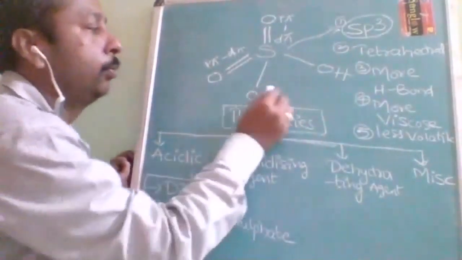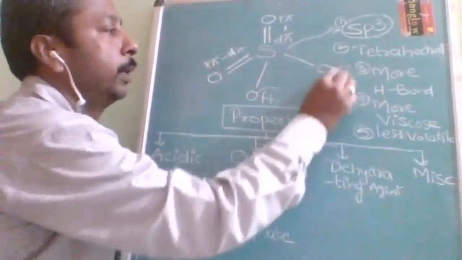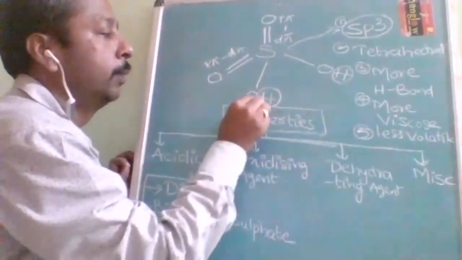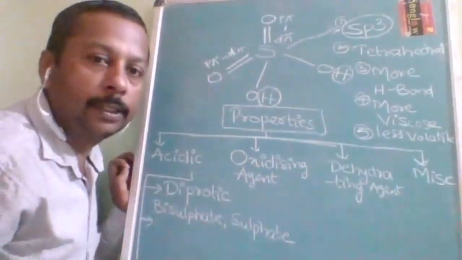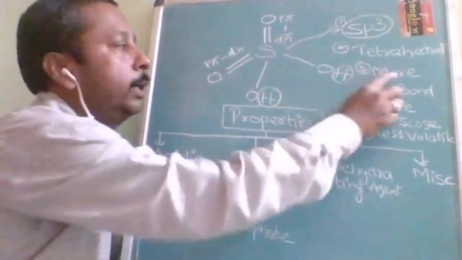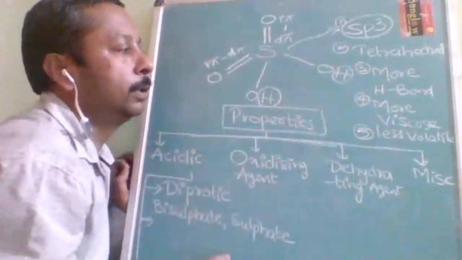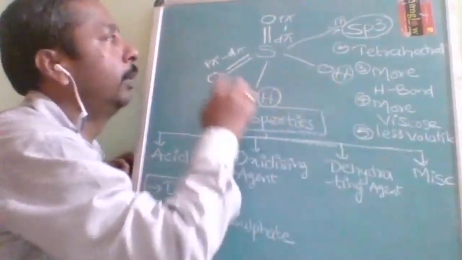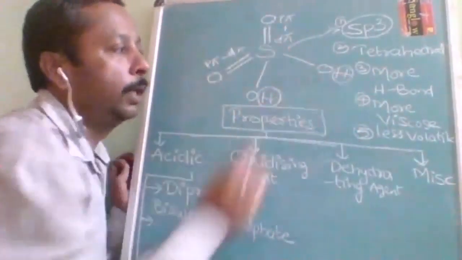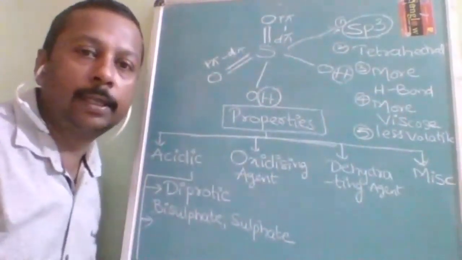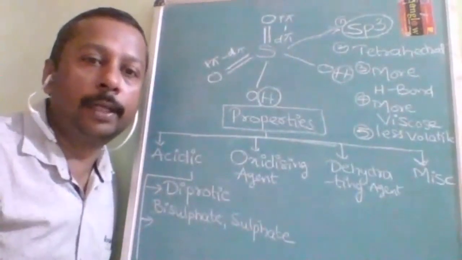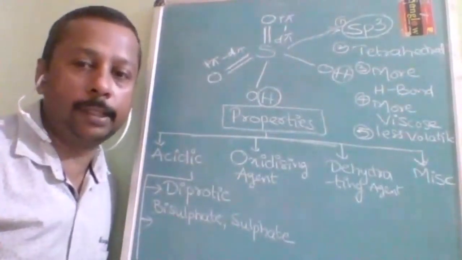Now, this is most important. There is a linked question from chemical bonding and the p block, 16th group: hydrogen bonds. See, 4 oxygens are there and 2 hydrogens are also eligible for hydrogen bond formation.